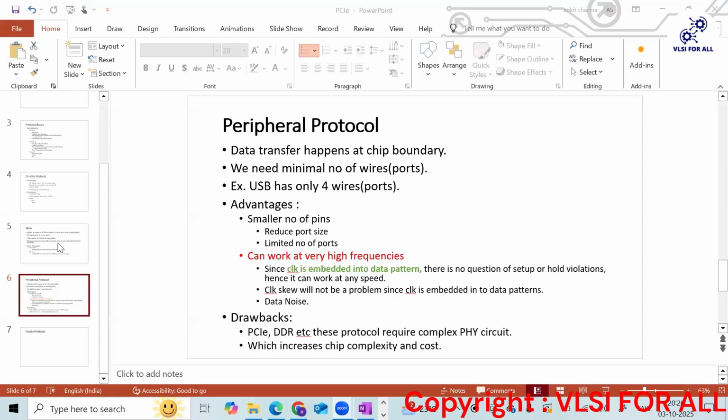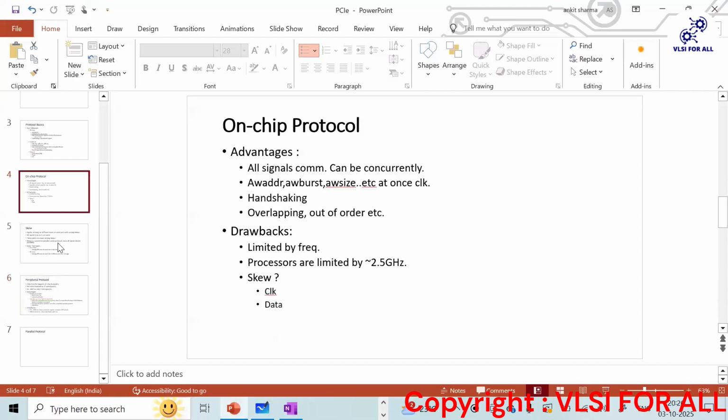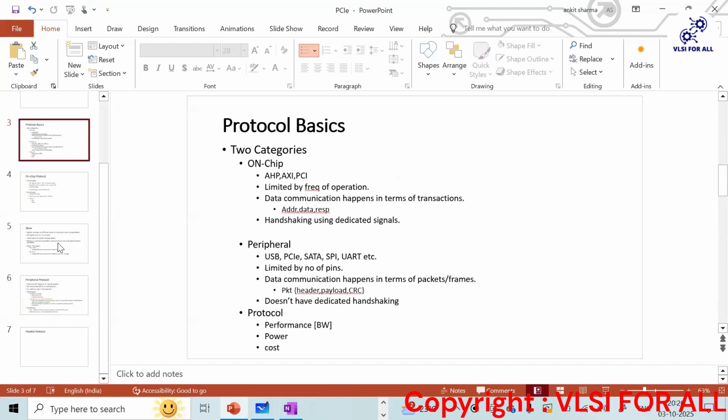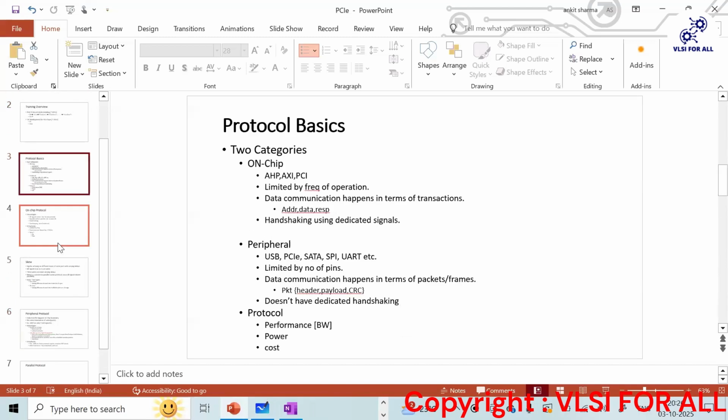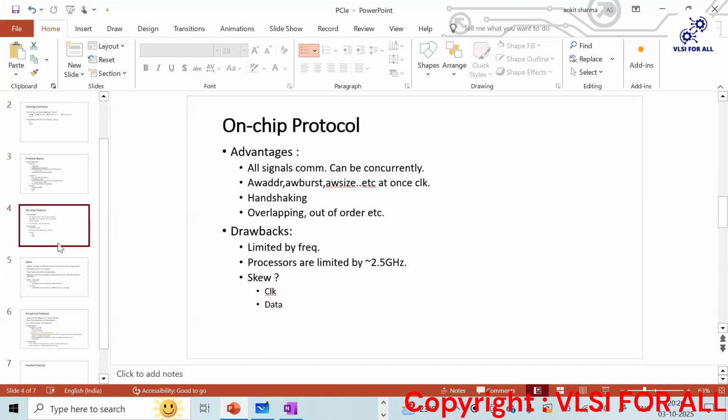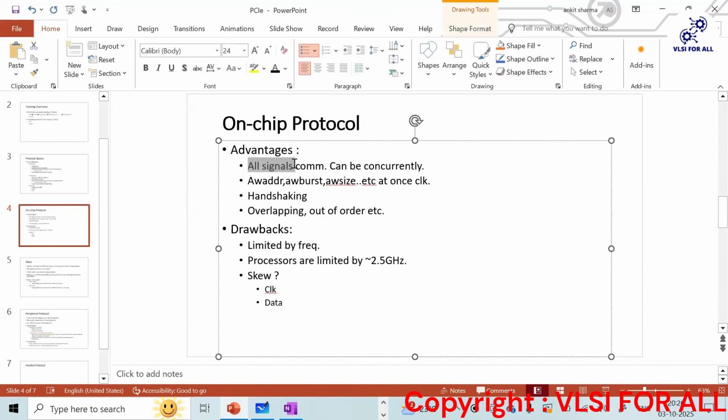So that's why, when I put a definition, what did I say here? If you are putting multiple signals, all signals, meaning many signals, are communicating concurrently with respect to a single clock.